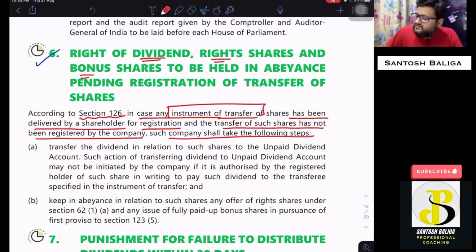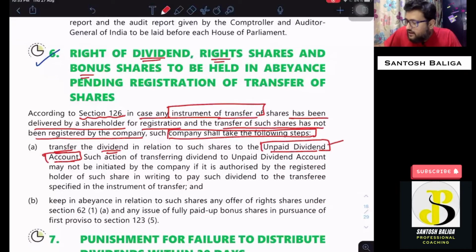What are the following steps? The following steps that the company will be taking is that, first thing, in case of dividend, the company will transfer the dividend to an unpaid dividend account. This unpaid dividend account is an account which is covered under section 124, which will be there in my next lecture.